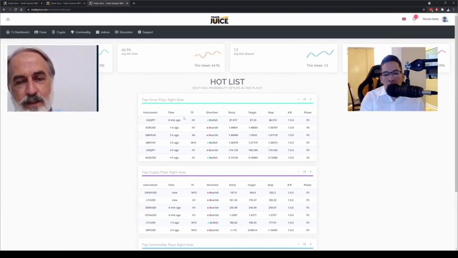So just to be clear, Nicola, this is just an image, you're not trading on somebody's platform. This is all just directions, where to enter, what the chart would look like when you open it up on your own MT4 platform. Yeah, exactly.